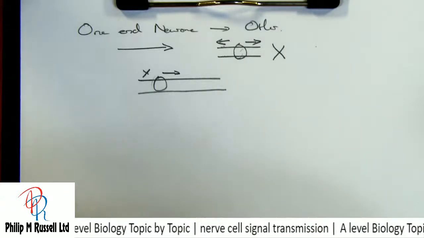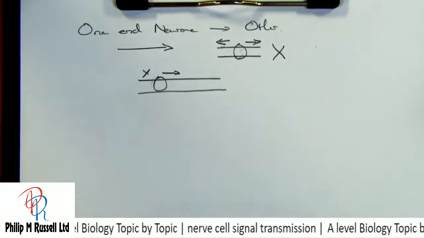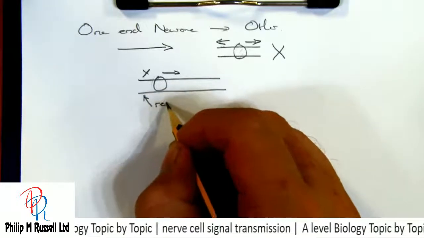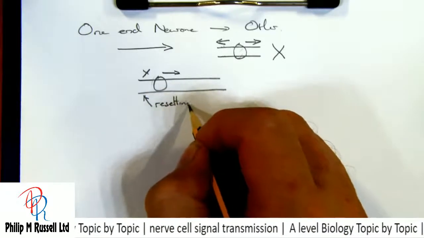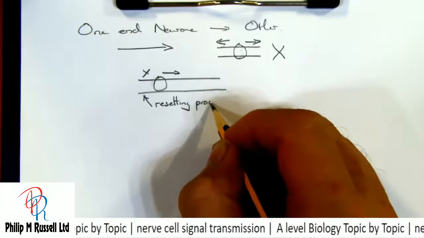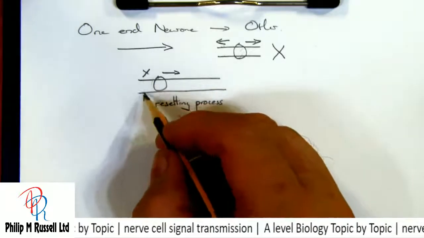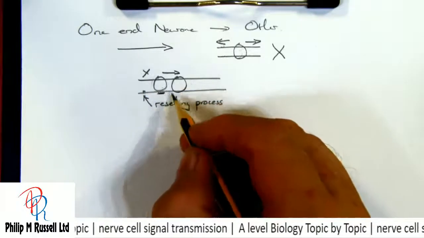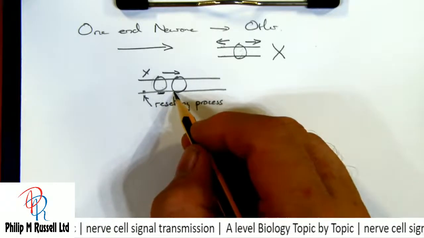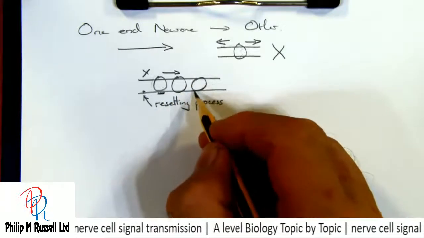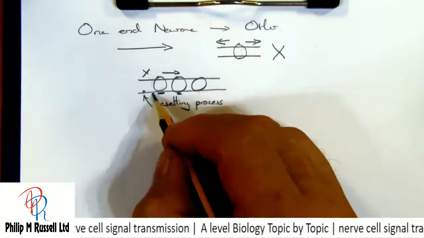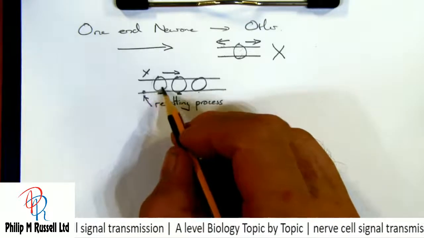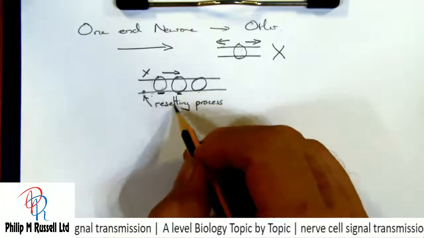But once something has fired, we're looking at some sort of resetting process. And while this is resetting, this is fired, this piece is now resetting, while this one fires, and this one's firing, while then this one starts resetting. So by the time this one is now fully reset, it's got nothing next door to it to tell it to fire.